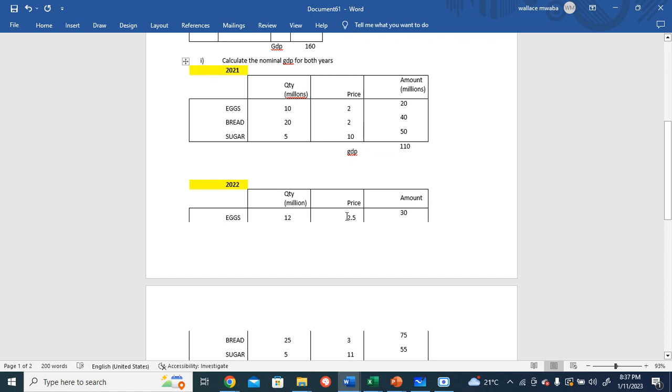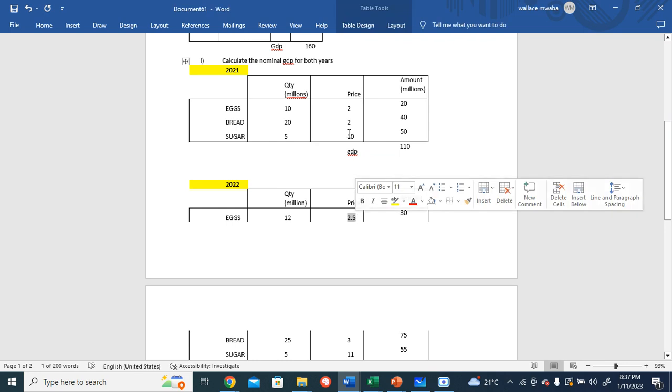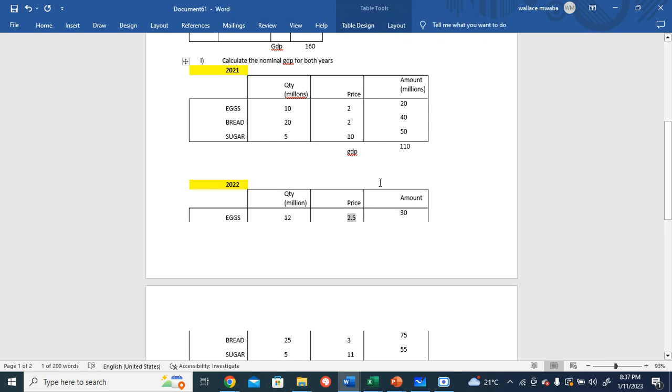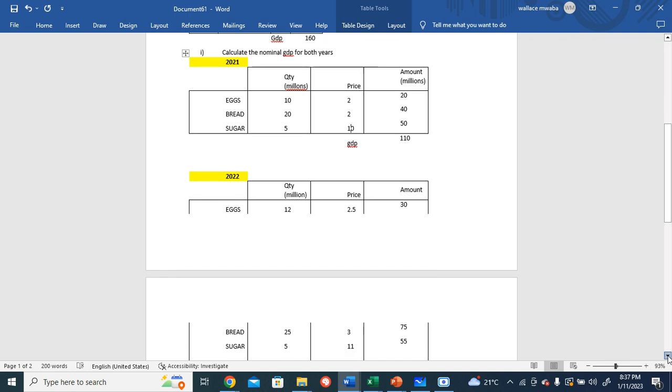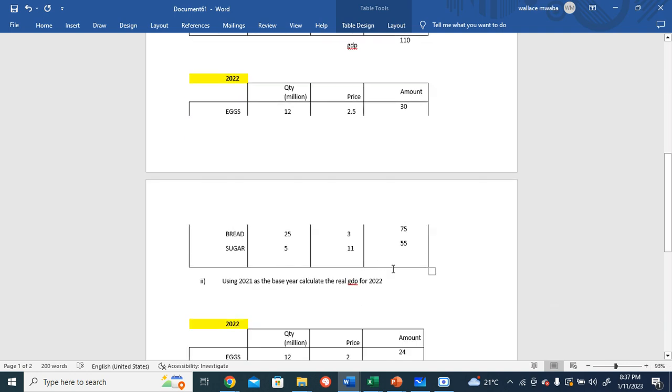As you can see, eggs, the price increased. In 2021 it was 2 kwacha, in 2022 it's 2.5. Bread was 2 kwacha, in 2022 it's now 3 kwacha.